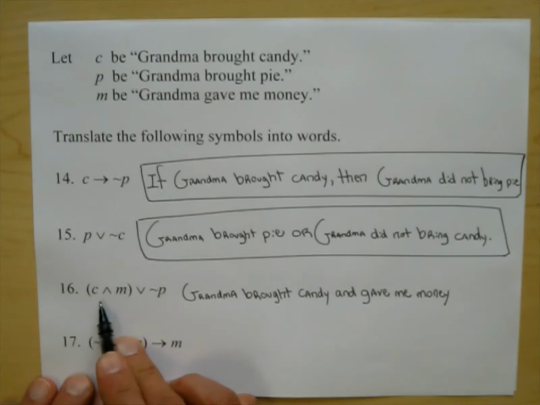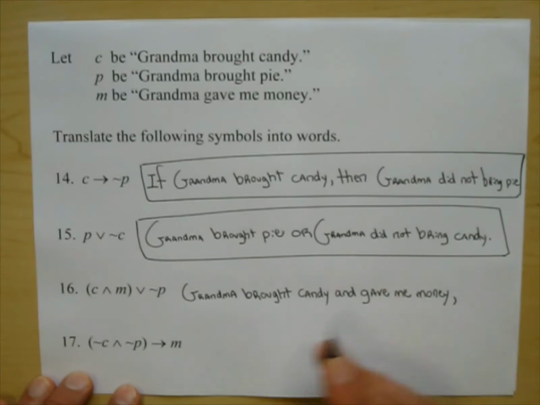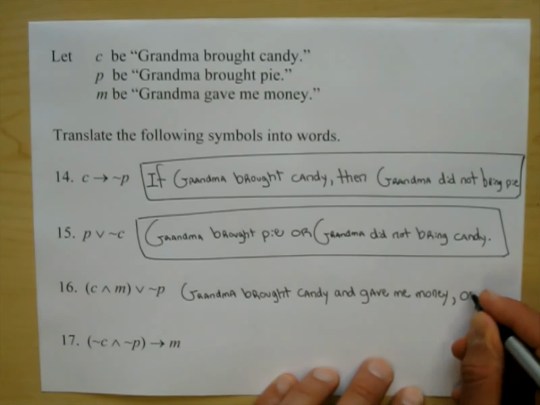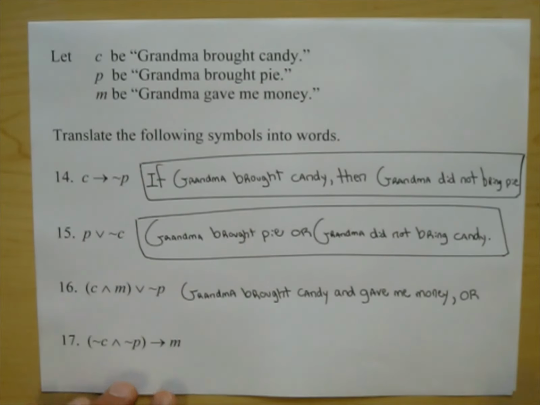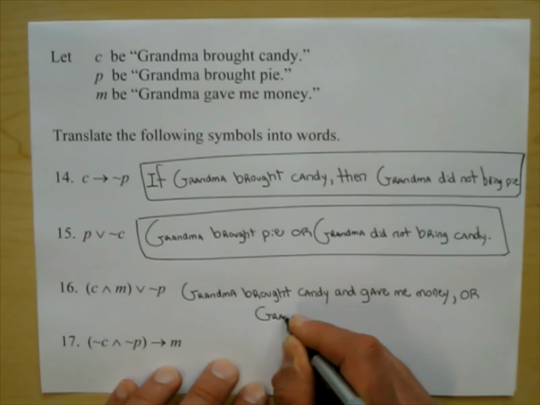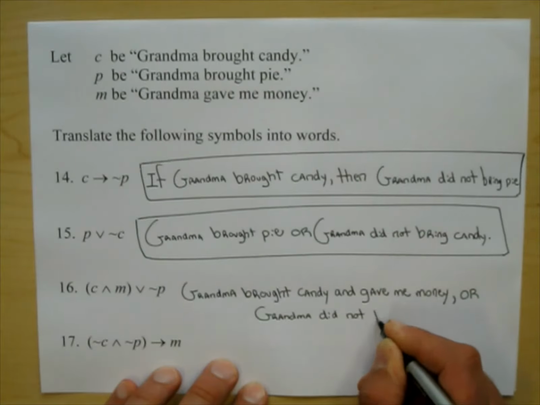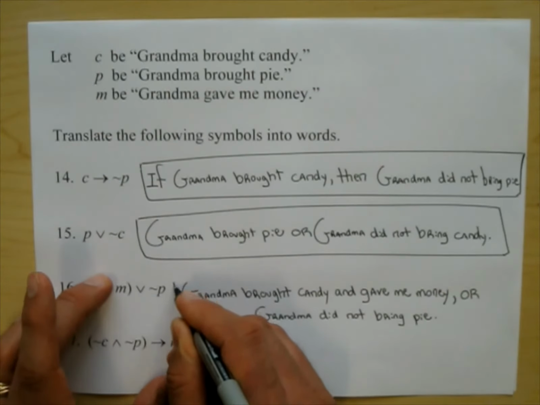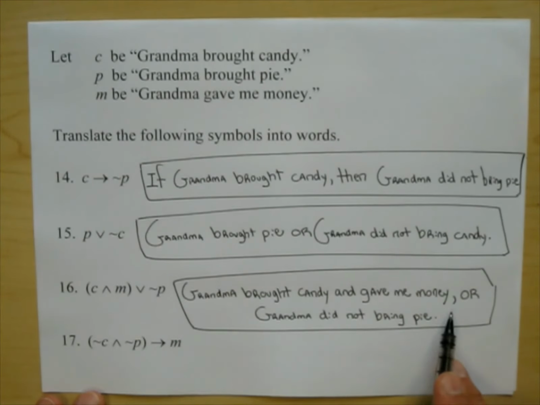Okay, so that is this first statement here. And because they have parentheses, I'm going to go ahead and put a comma. And then we're going to write the or. Okay, so this is or what? Not P, which is Grandma did not bring pie. So I'll write it below. Grandma did not bring pie. And so there's the answer. I wrote the symbols into words, being careful with my commas.